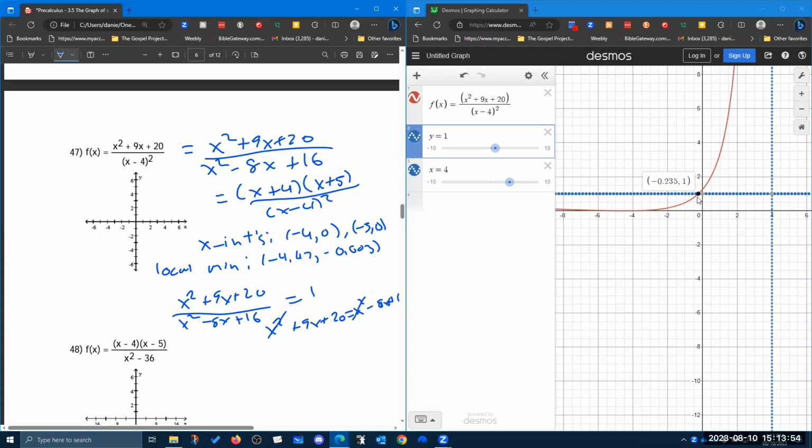X squared subtracted from both sides is 9x plus 20 equals -8x plus 16. Bring the 8x over to the left, bring the 20 over to the right, and x is equal to -4 over 17. And that's approximately -0.235.